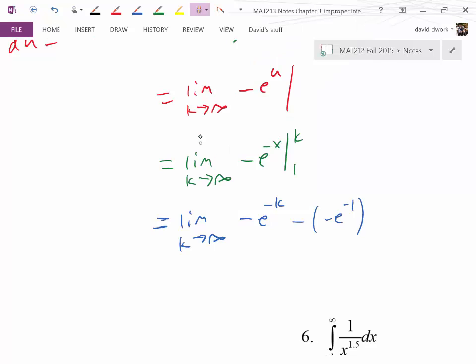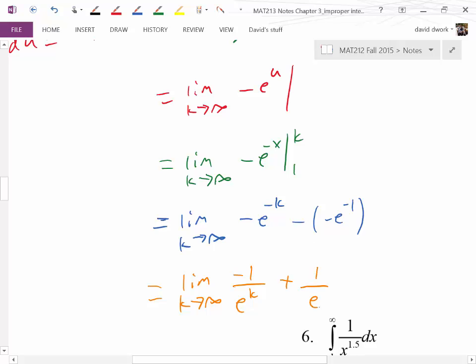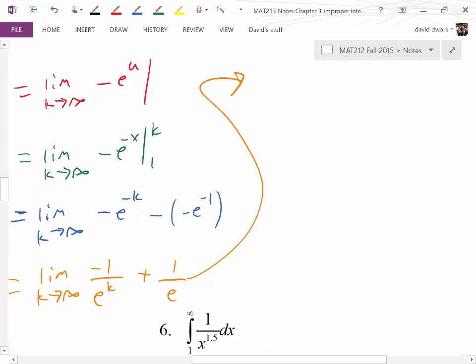Evaluating this is not too bad. Or if you want to, we can rewrite it as k approaching infinity of negative 1 over e to the k, so we don't have that negative exponent, minus a negative makes a positive, of 1 over e. Okay, so now, evaluating my limit, this would be negative 1 over e to the big plus 1 over e.